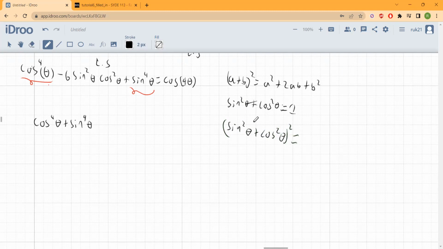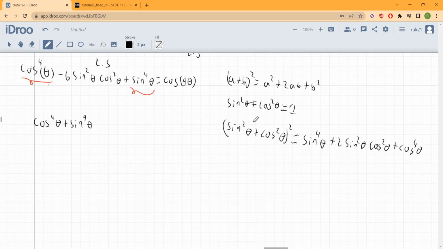It is going to equal sine to the power of 4 theta plus 2, because we need to follow what's up here, 2 sine squared theta cosine squared theta plus cosine to the power of 4 theta. Now, looking at this and looking at over here, we can notice that we have 2 terms which are the same. We have sine to the power of 4 theta and cosine to the power of 4 theta, which are the same.